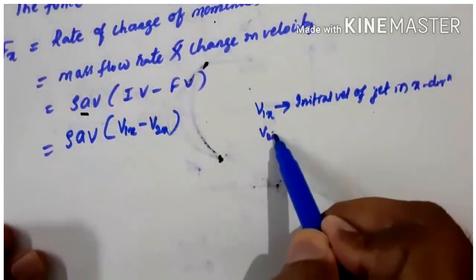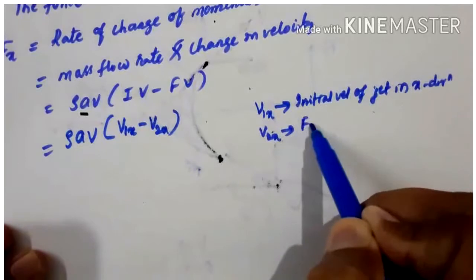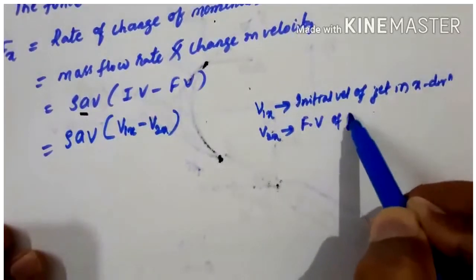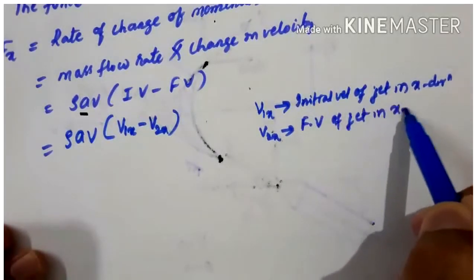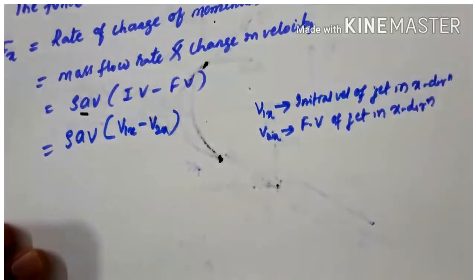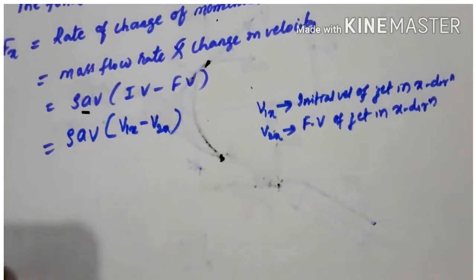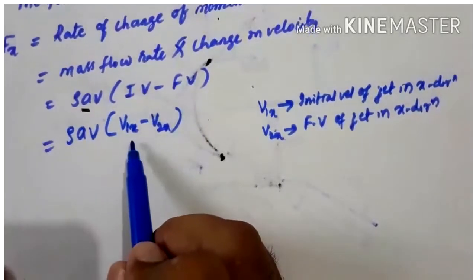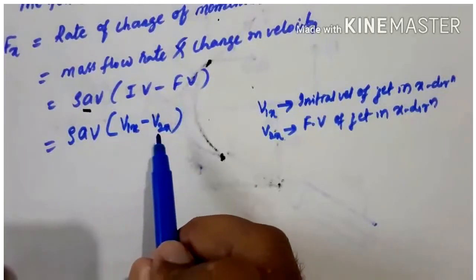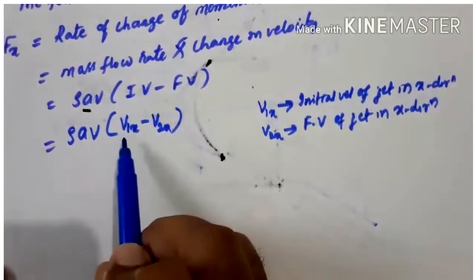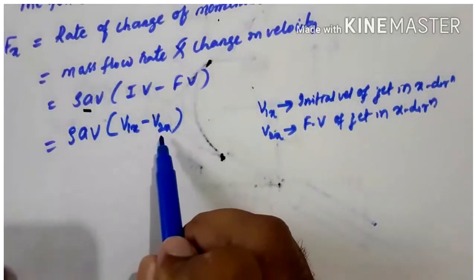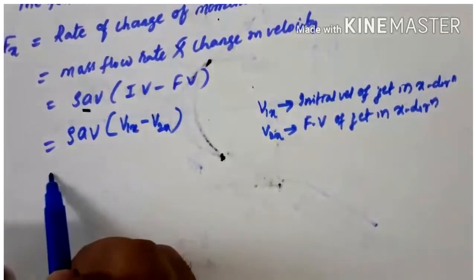And v2x represents the final velocity of the jet in the x direction. So we want the force in the x direction, and you have to take the velocity in the x direction, as well as the initial and final velocity in the x direction.